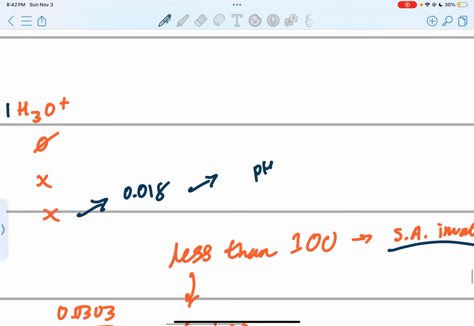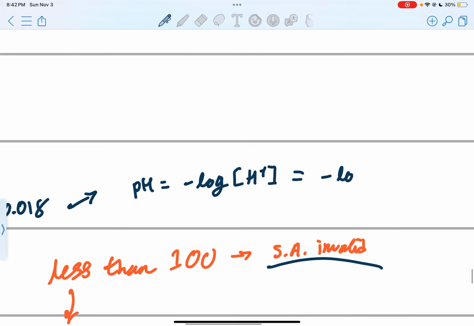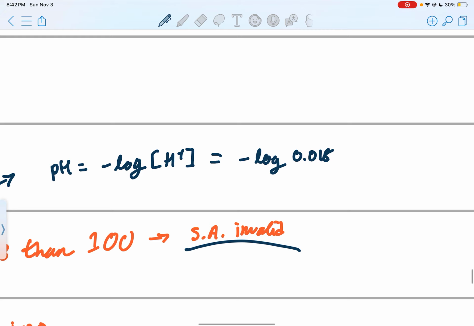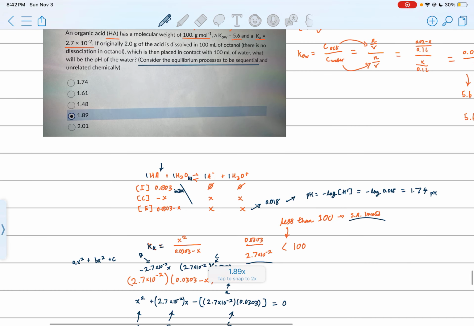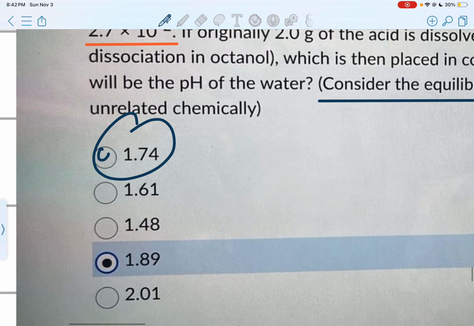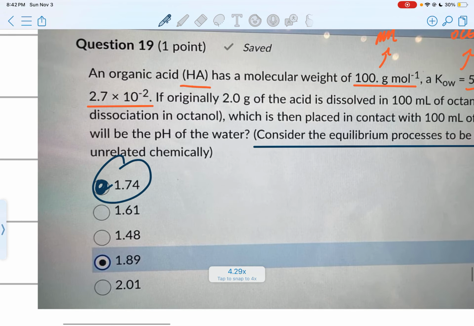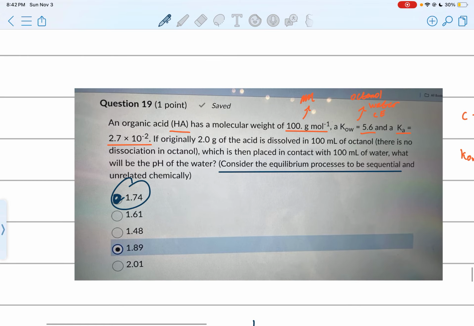Well, the pH is equal to negative log of hydronium ions, which is equal to negative log of 0.018. So let's do that. Negative log of 0.018 equals. And this gives me approximately 1.74. That's our pH value. And we see if we have a matching value, which we do. So we're done. The pH value is 1.74.